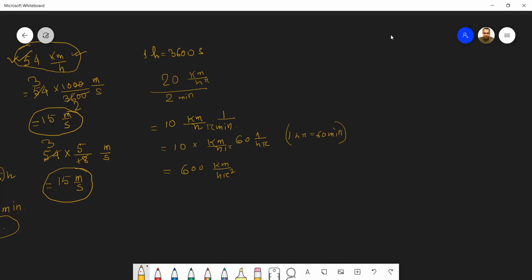So the value will be 600 kilometer per hour square. This is the value of acceleration, the required acceleration that we need to calculate. I hope you have understood this answer. So acceleration is nothing but the change in velocity divided by time. Okay, so let us go to the next question.